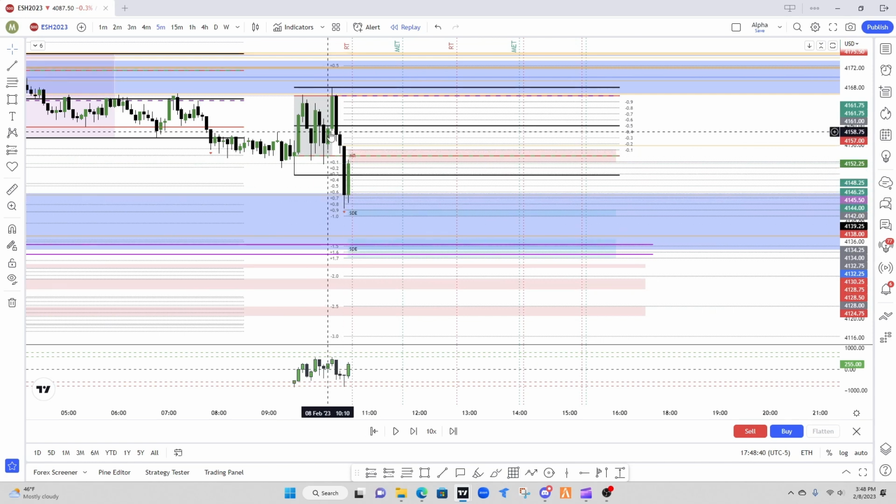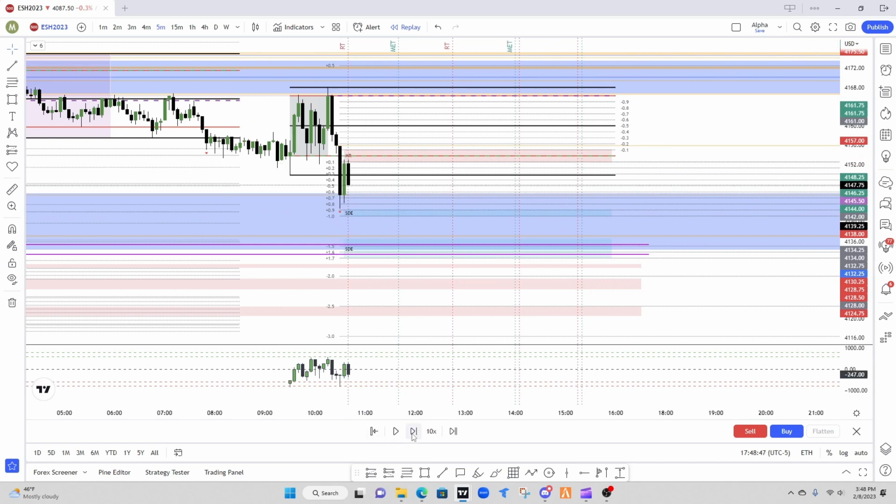We made that big impulse move down and another big impulse move back in. Okay, and now we've broke out. This is a very, very common pattern you will see.